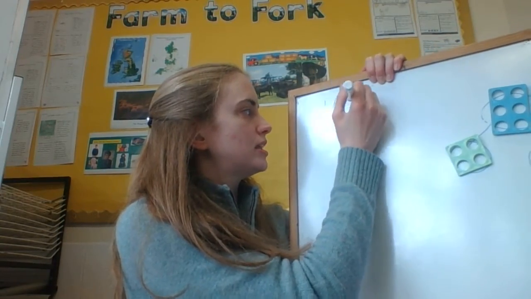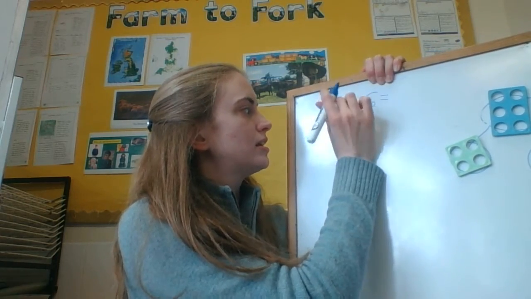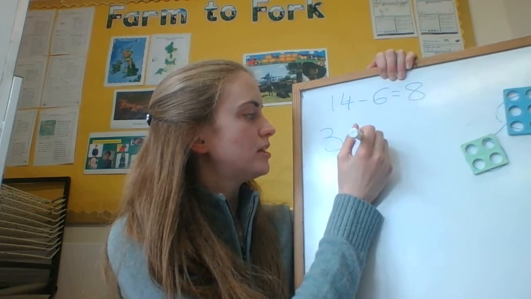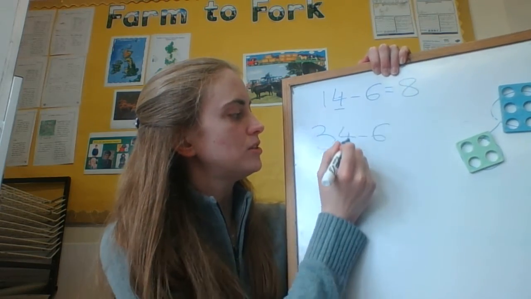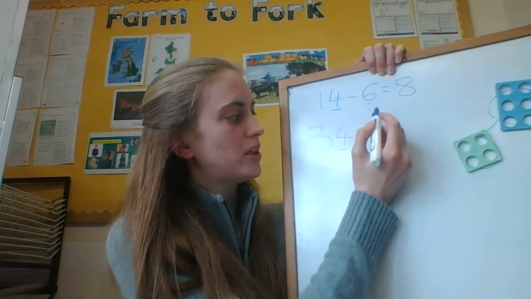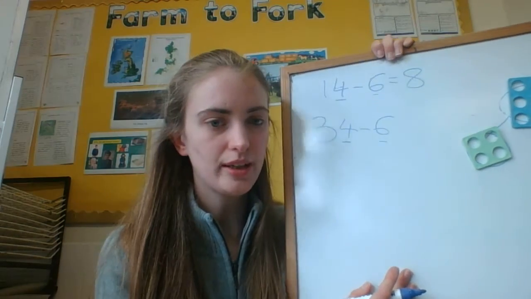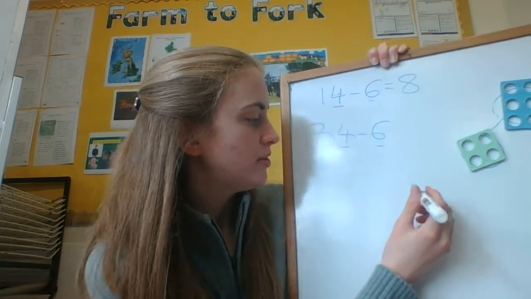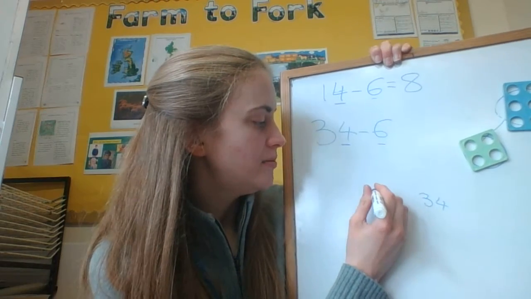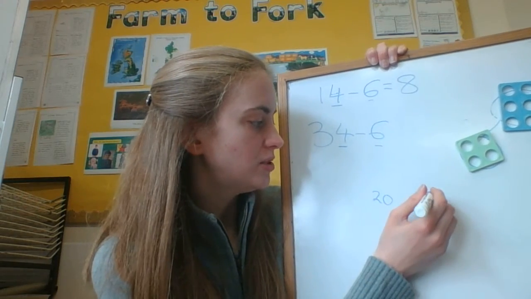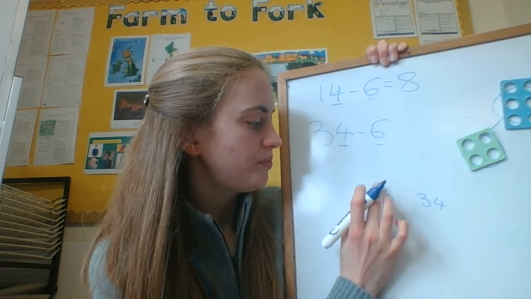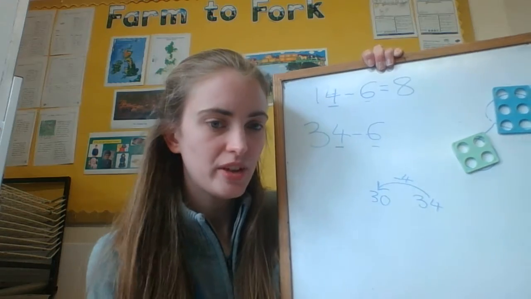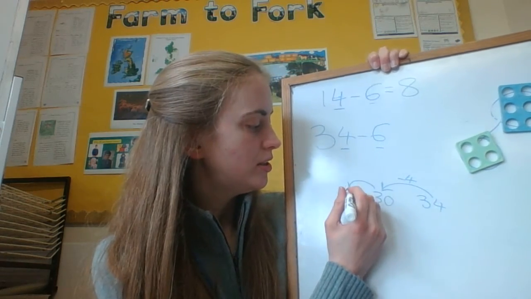So if I've got my 14 take away 6 is 8, which we've worked out, then 34 take away 6. So look, ones, ones, and then I'm subtracting the same amount. Okay, so it's just this number of 10s higher. So if I've got a 34, the 10 below 30 is 20. So I need to go back first to 30, take away 4, and then we're into our 20s.